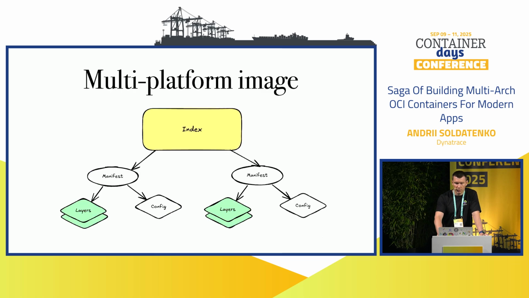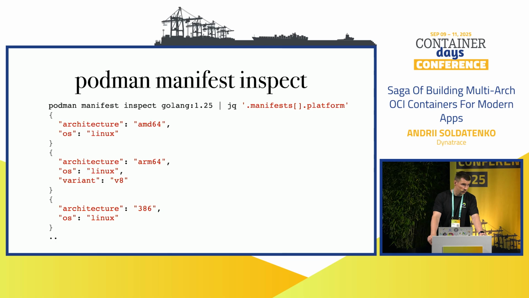But when we say multi-platform image, it's a little bit different. It has an index of a few manifests, so it's kind of a container of other subsets. If we try to inspect it with Golang, I already filtered a bunch of redundant output.